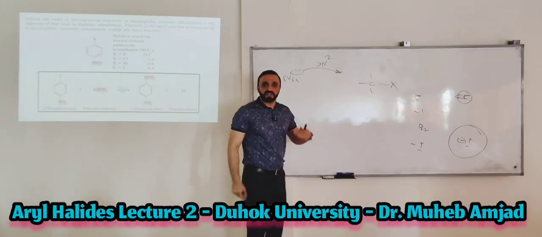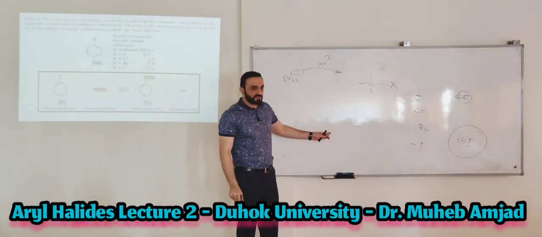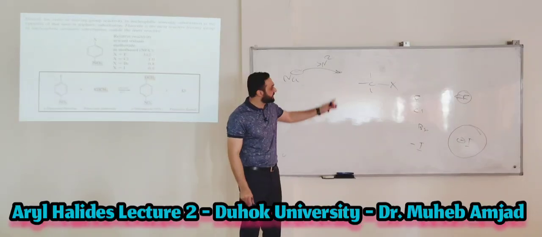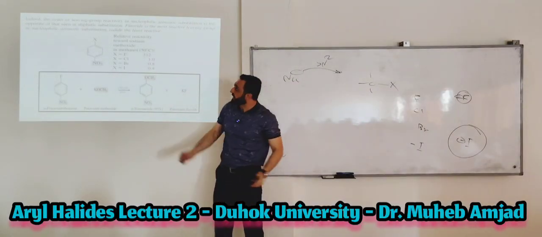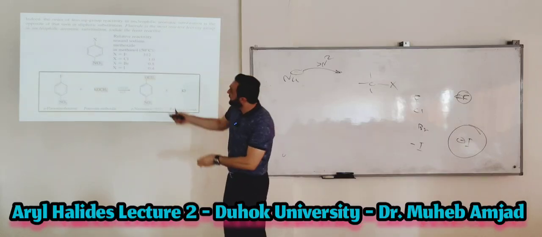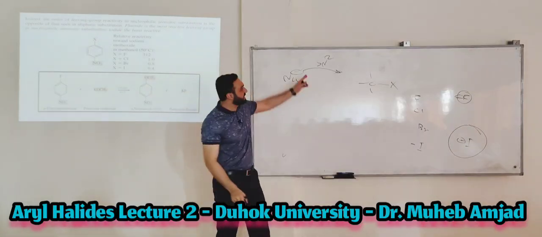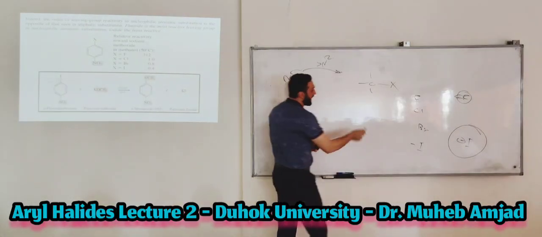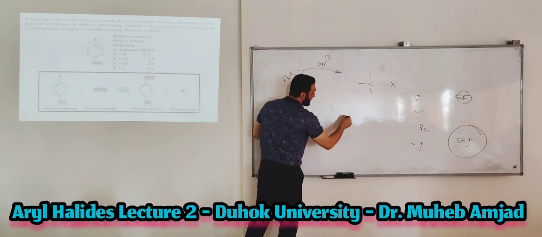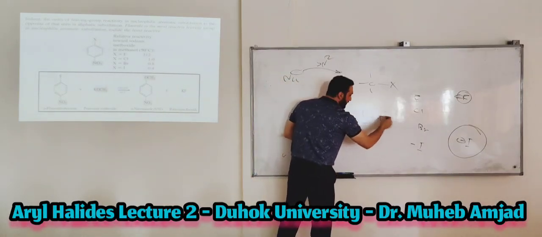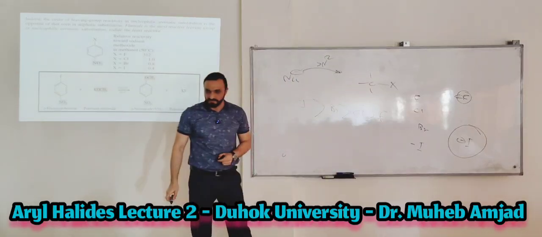So if I ask you to rank the halogens according to increasing reactivity of the alkyl halide toward the SN2 reaction in aliphatic substitution, you will say iodine, and then brom, and then chlor, and finally fluor.